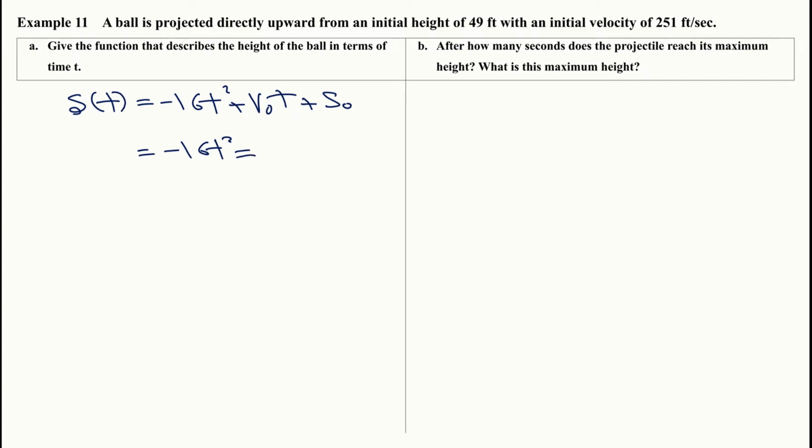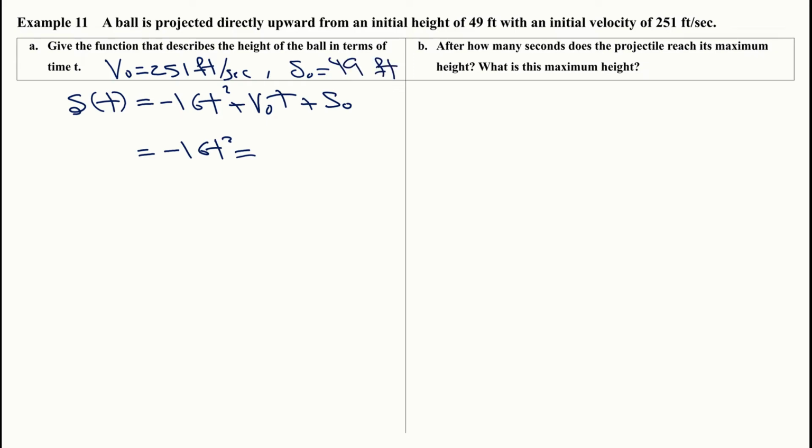Now v0 here is 251 feet per second. That's speed, right? And the initial height is what we call S0, and here it's 49 feet, okay?